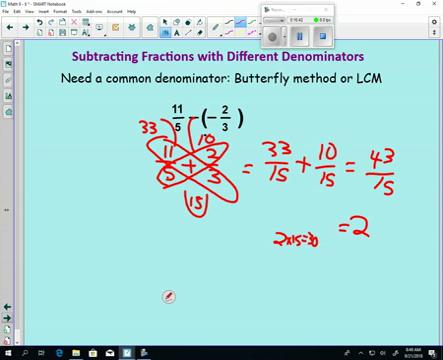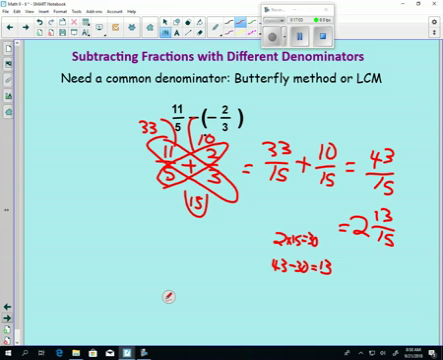I have 43. 43 minus 30 is going to equal 13 left over. So 2 and 13 over 15.